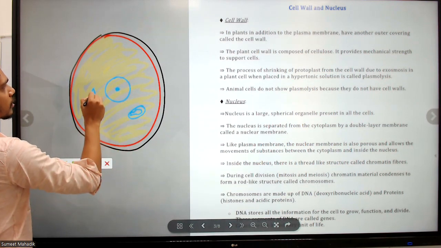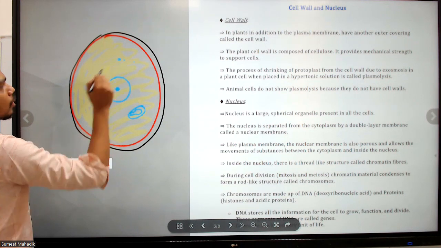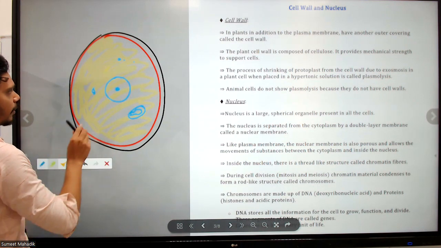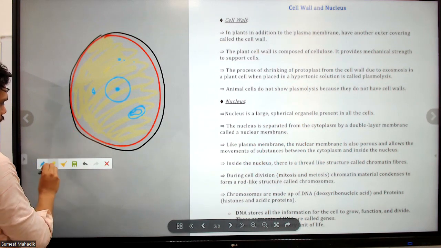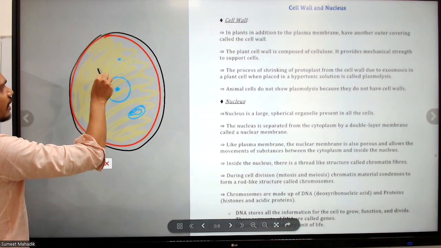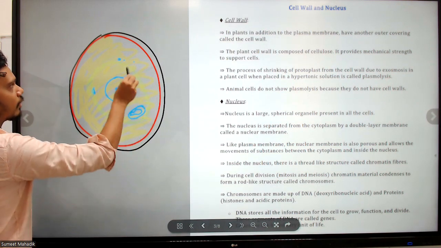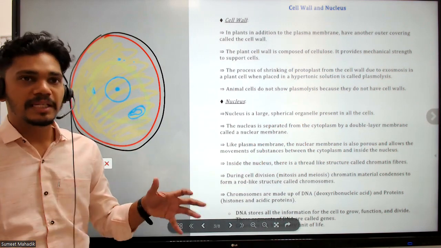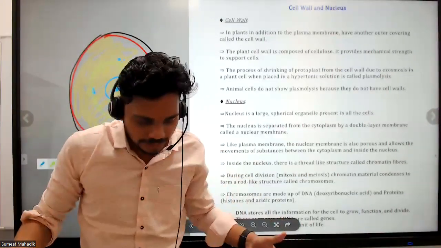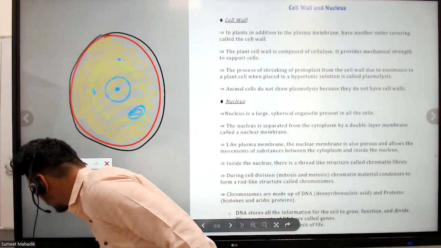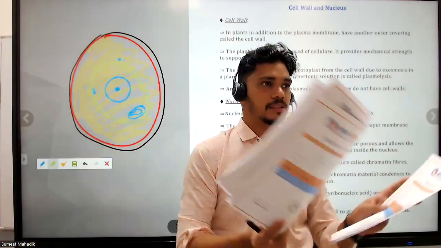Here some ribosomes are there or something. Okay, so if I'm doing something here, please pay attention. I'm using the green color. Whenever organelles are present, there is one more layer that keeps the organelles together. For example, suppose I have these pages along with me.